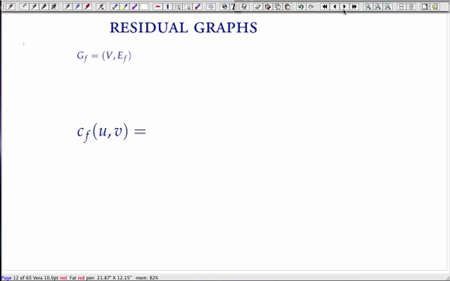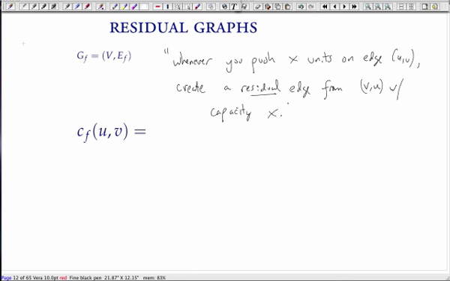Intuitively, I'm not going to define it formally here, but whenever you push X units from U to V, whenever you push flow across some edge, the idea is to create a residual edge in a new graph from V to U with that same exact capacity.